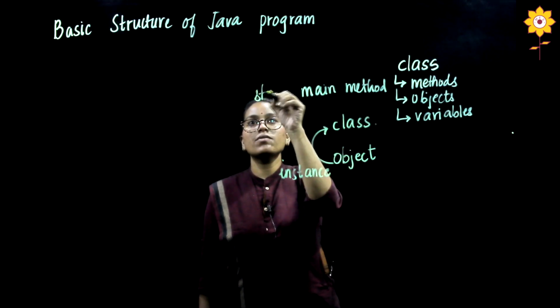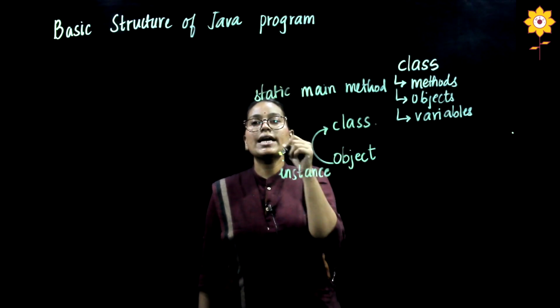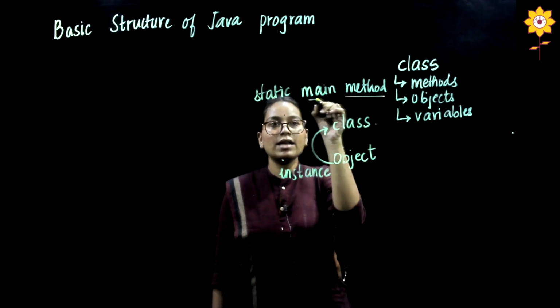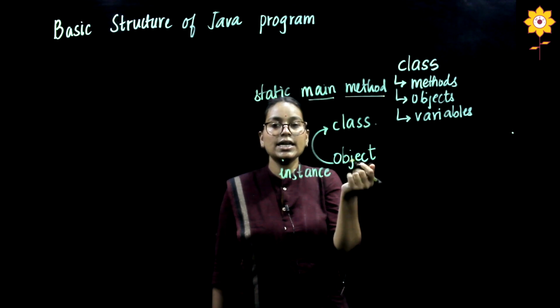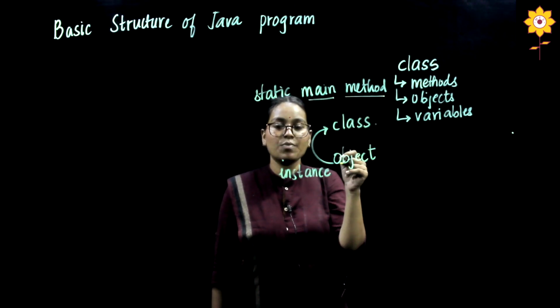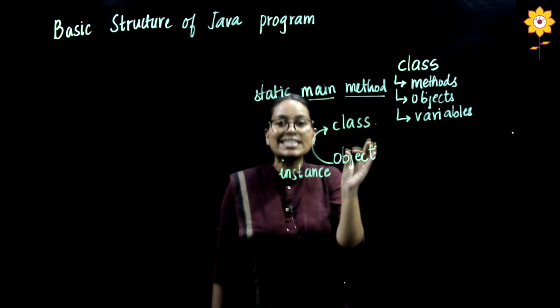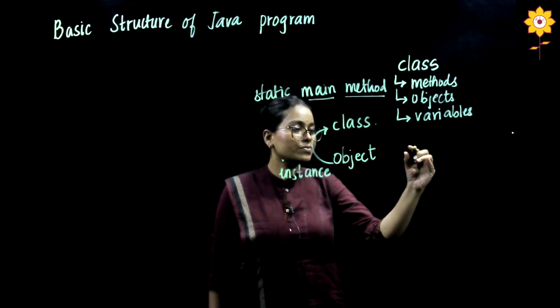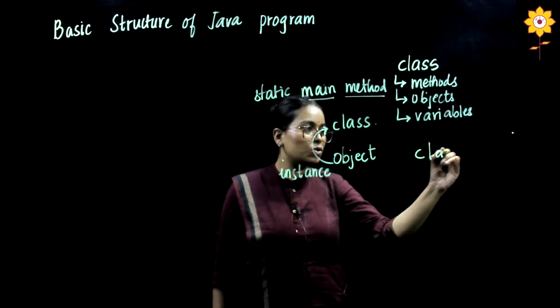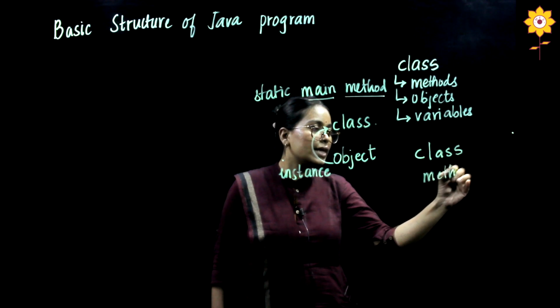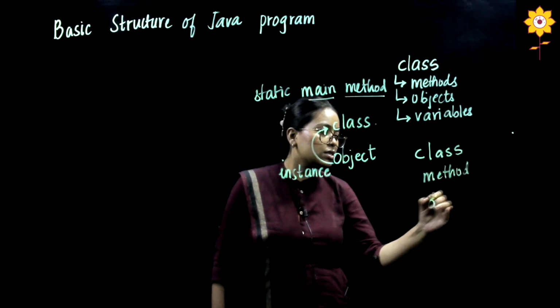So what does this keyword static mean? It means that the method that we are creating, the main method that we are creating, it basically belongs to the class in which it is made and not to the instance of the class. Meaning, let's say I will just write here. So there is a class, like I told you. Inside the class you will be creating the method, and then there are objects.